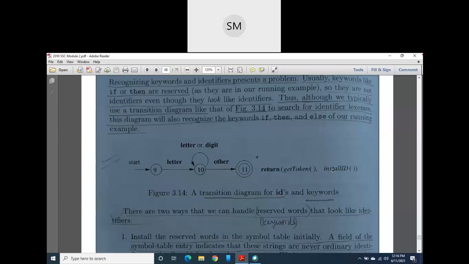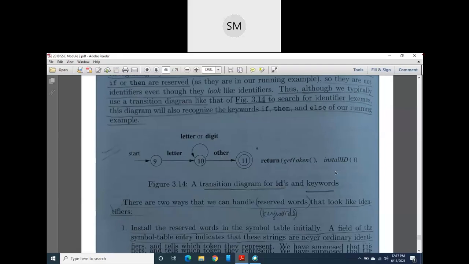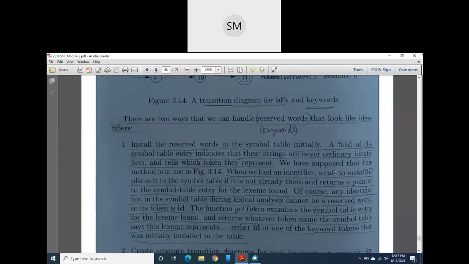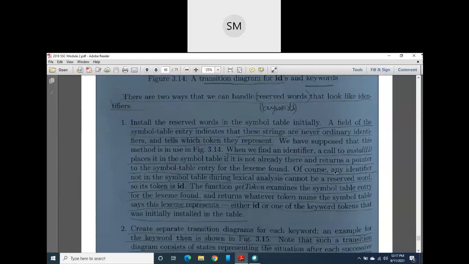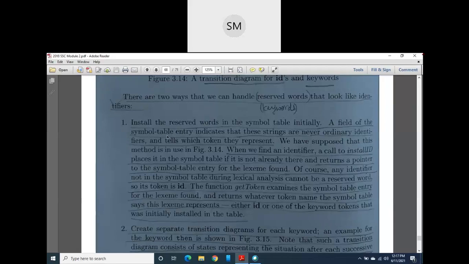Install is nothing but inserting that identifier in a symbol table. So why are we returning these two here? These are very important, so that we can identify whether it is an identifier or a keyword. Clear now? The first method for handling the problem of which is a keyword and which is a variable: I already told you, all phases of our compilation process communicate with the symbol table.